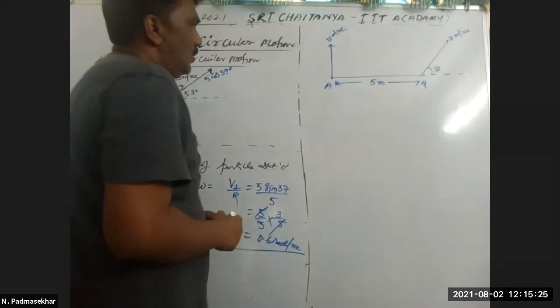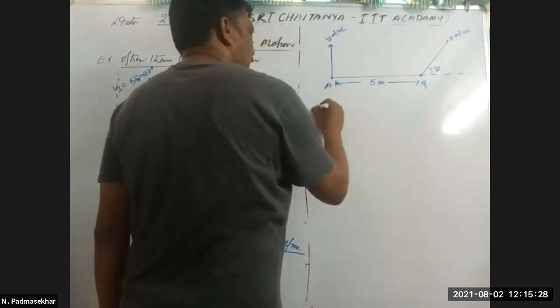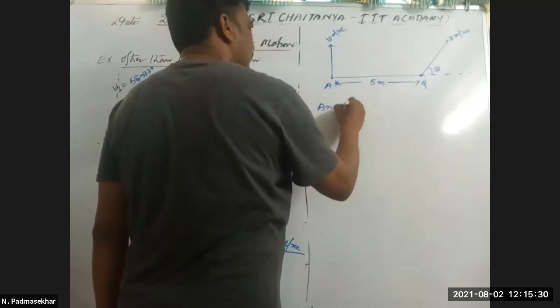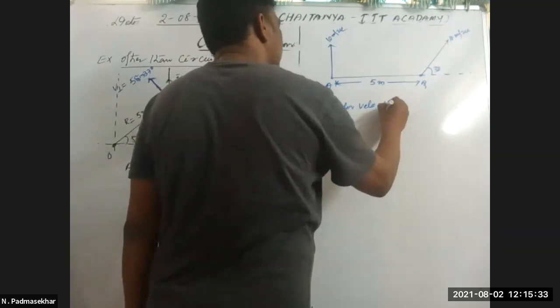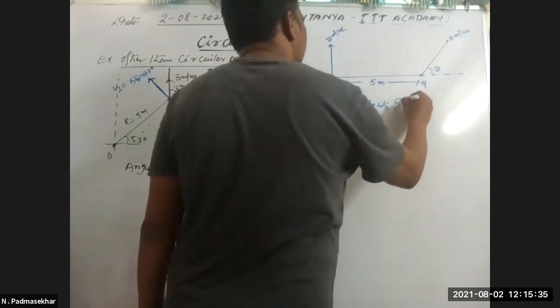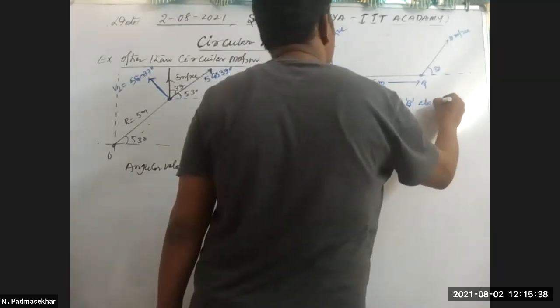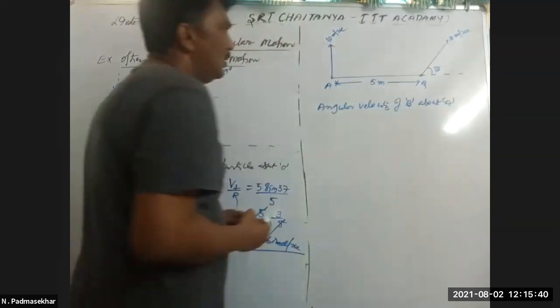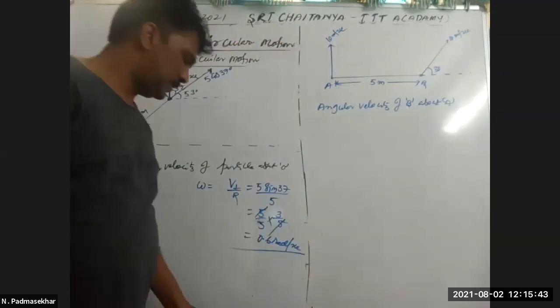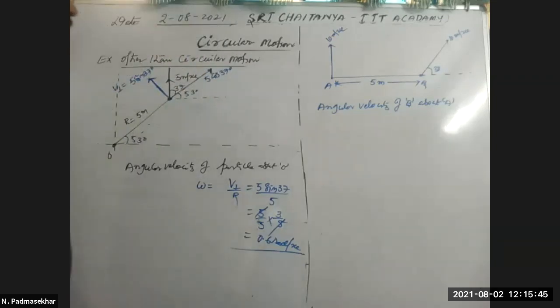And as for that, what is the angular velocity of B about A? So the angular velocity of B about A, suppose.